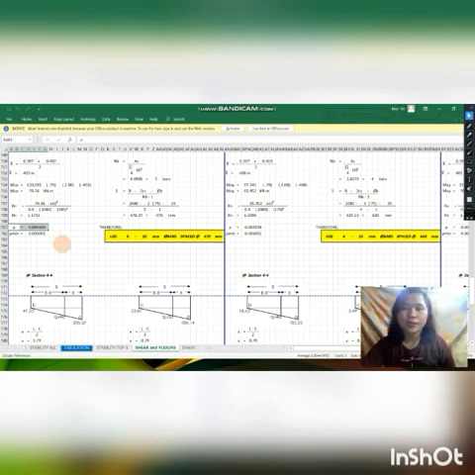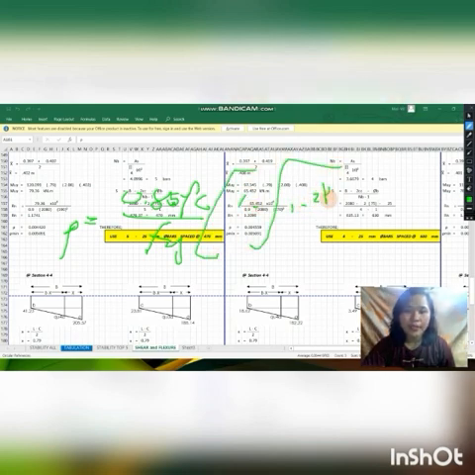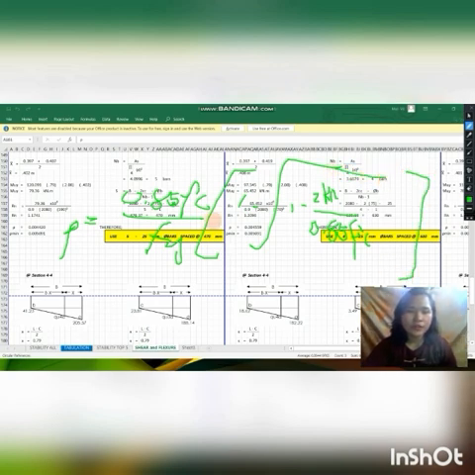So this Rn is used in the formula of our rho. For the formula of our rho, we have rho is equal to 0.85 f'c over our Fy times 1 minus square root of 1 minus 2 Rn all over 0.85 f'c. So substituting the values of f'c, Fy, our Rn, and f'c again, we will arrive at the answer of 0.004420 as our rho.